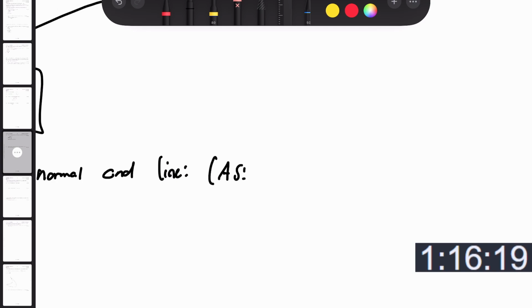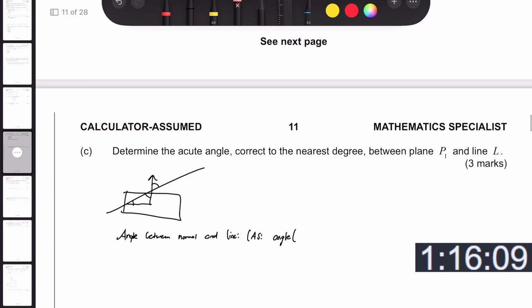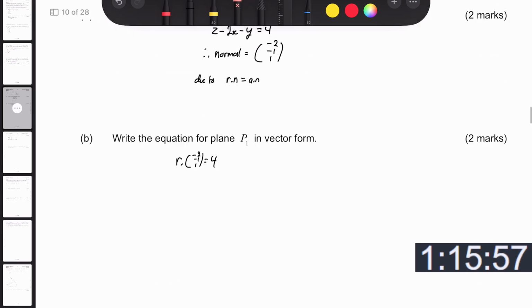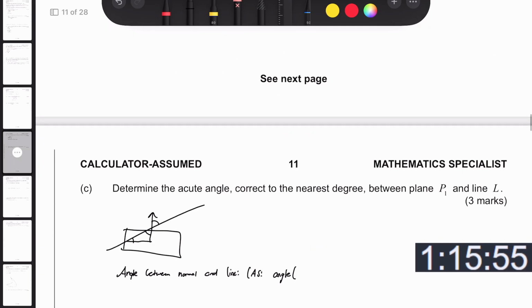And what is it called? It's literally called angle. So angle of, so the normal is negative 2, negative 1, 1. And the direction of the line is negative 1, 1, 2. So I want this, and it says to the nearest degree.